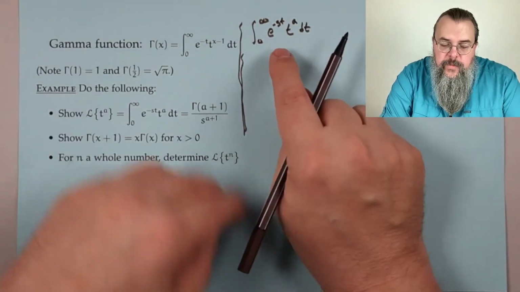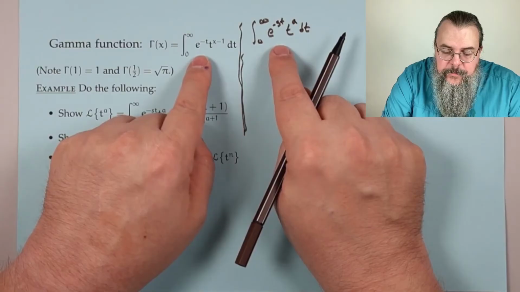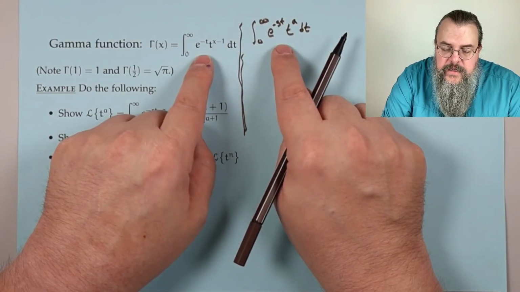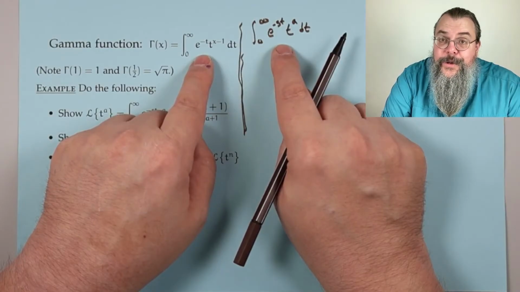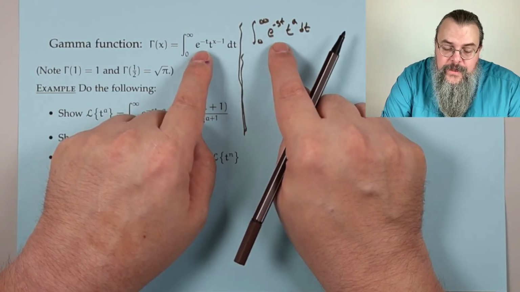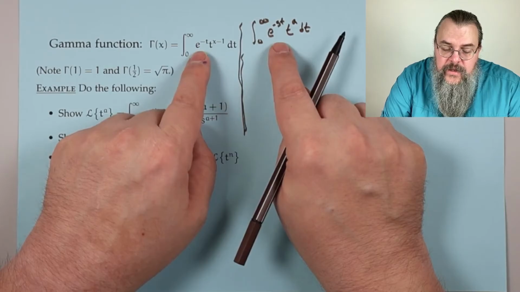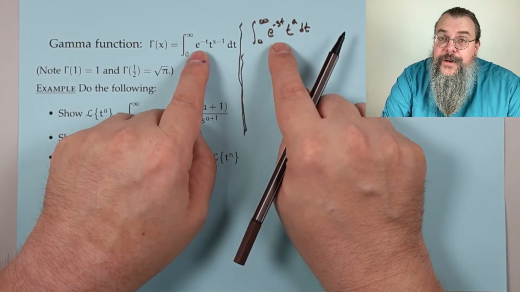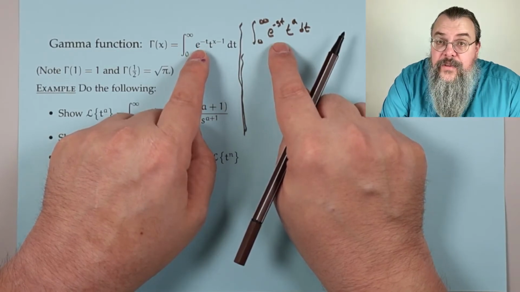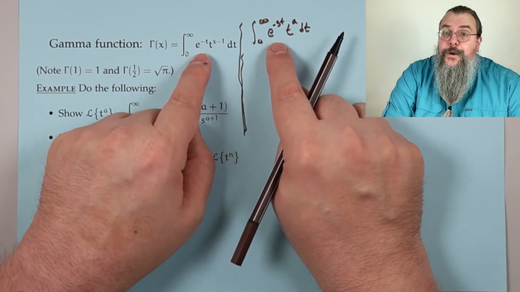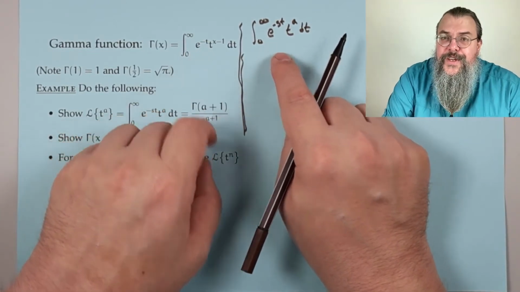Now we start by staring at these two. How are these similar? How are they different? Well, a big thing is the exponential. Here it's e to the minus t. Over here, it's e to the minus st.